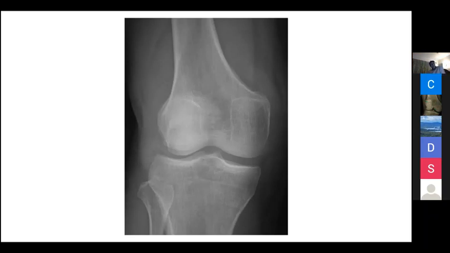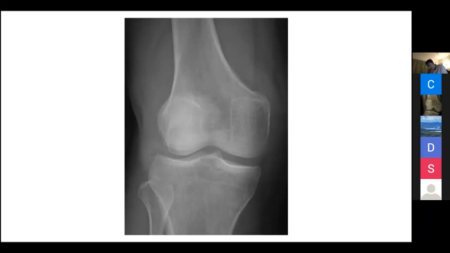What are we seeing here? Anything peculiar? Describe what you're seeing anyway. Sir, I don't see any pathology. It is a plain X-ray knee, distal femur and proximal tibia, AP view.